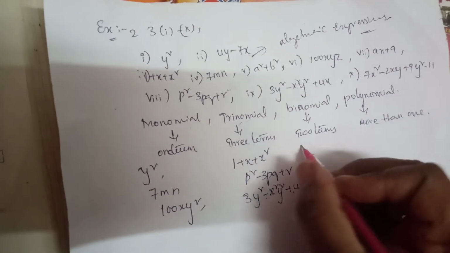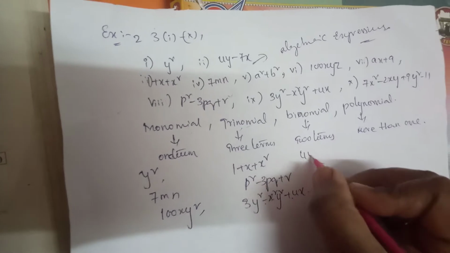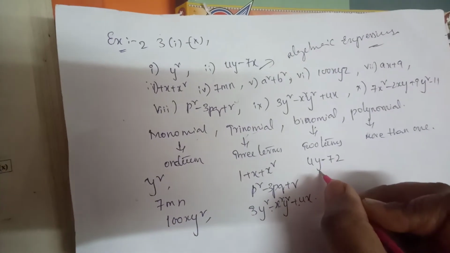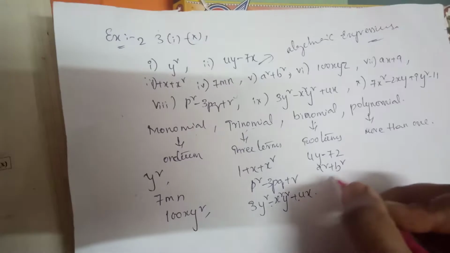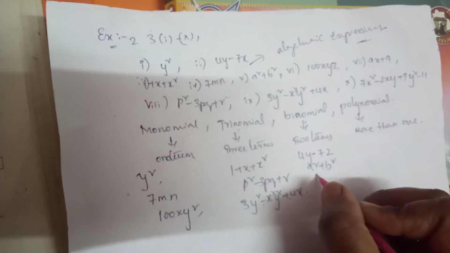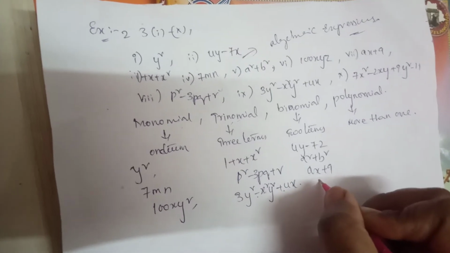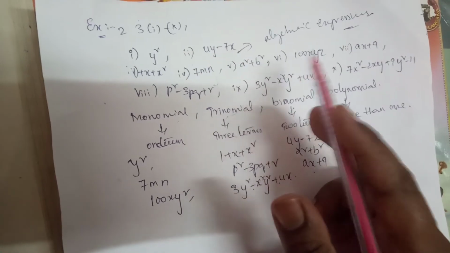Then coming to binomial, which has 2 terms: 4y minus 7z, a square plus b square, and x plus 9. These are 3. Can we see anything more?